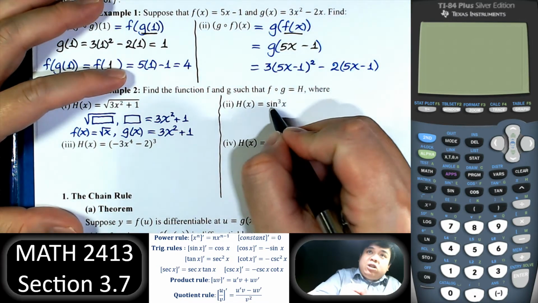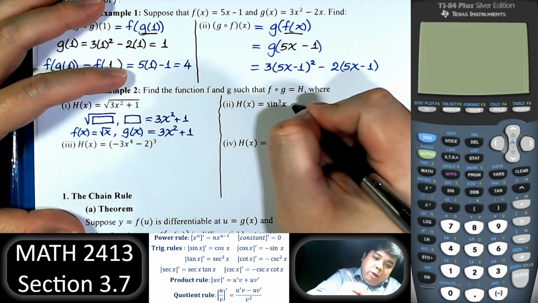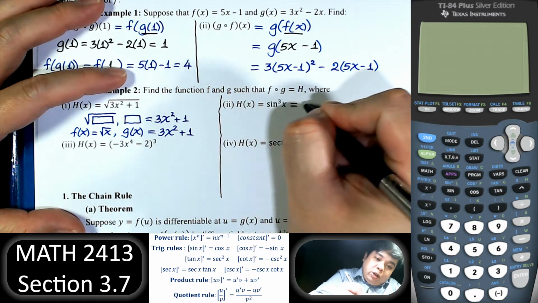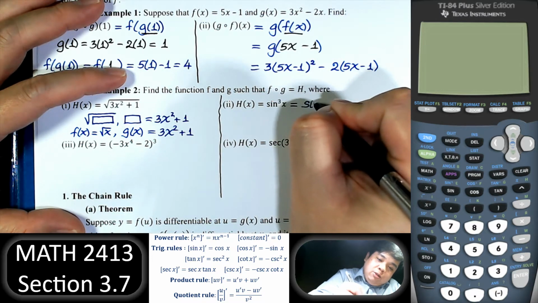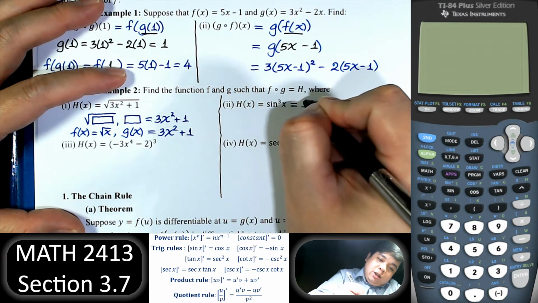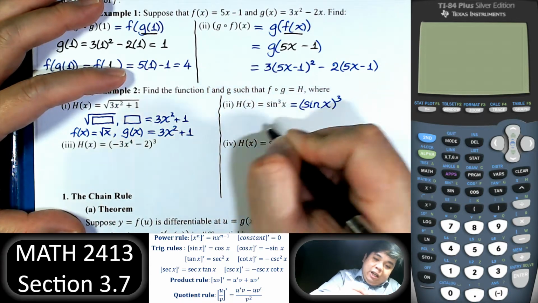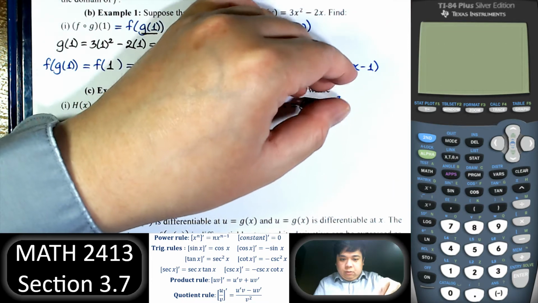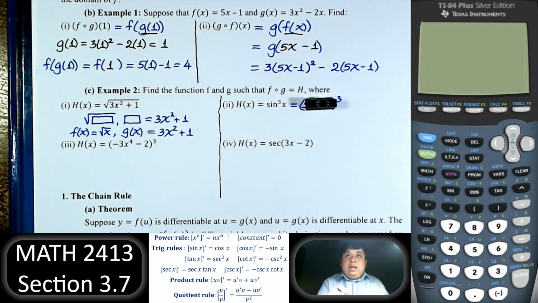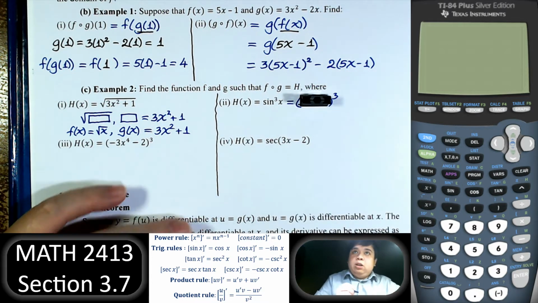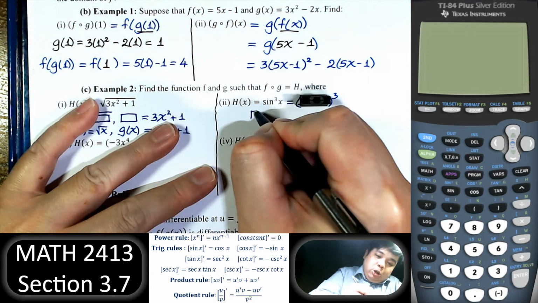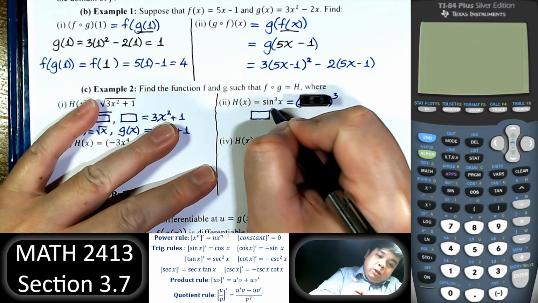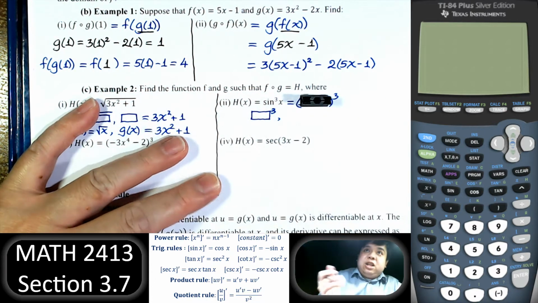Now sine cube of x. In sine cube of x, actually the cube is evaluated right after we do sine x first. So instead, it should be written as sine x, cubed, like that. Once again, doesn't matter what's inside, we have a cube, something cubed. That is the outer function.